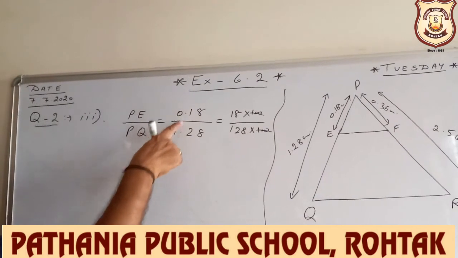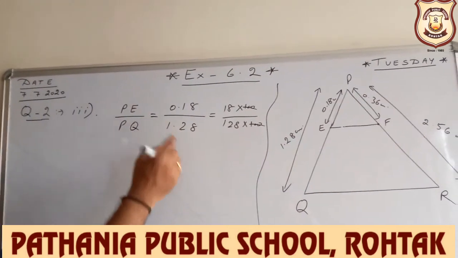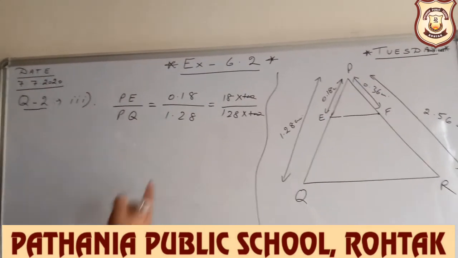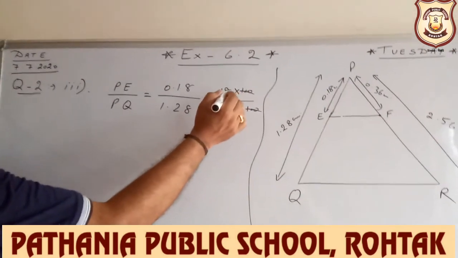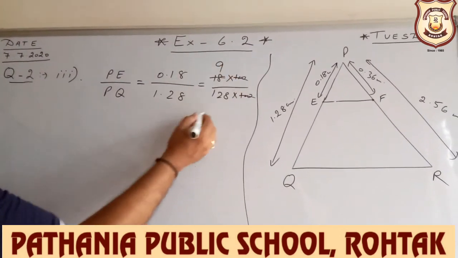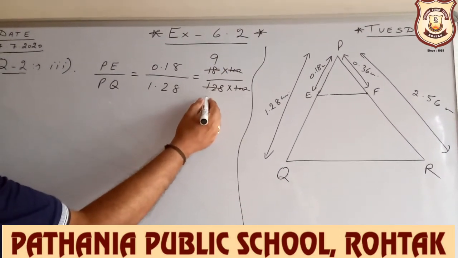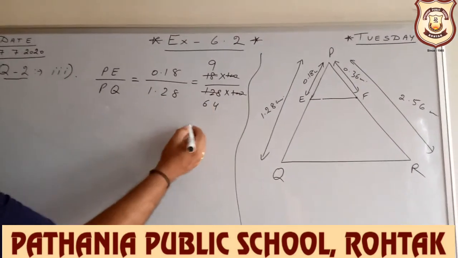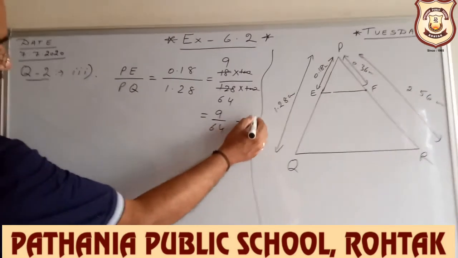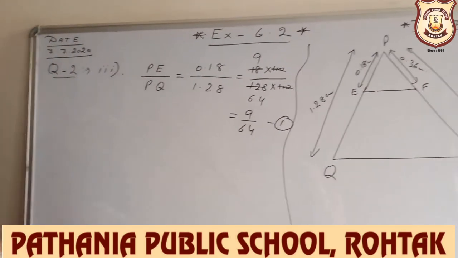Why 100? Because of these decimals. So now you can cancel this one. 2 9s are 18, 2 6s are 12, 2 64s are 128. So it is 9 by 64. Mention this as the first ratio.